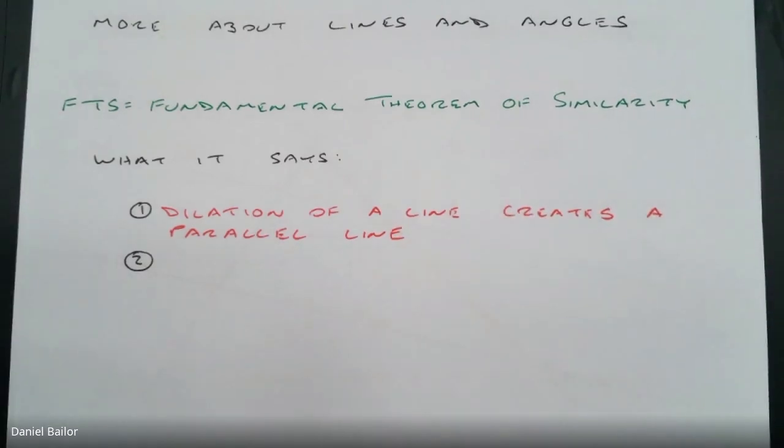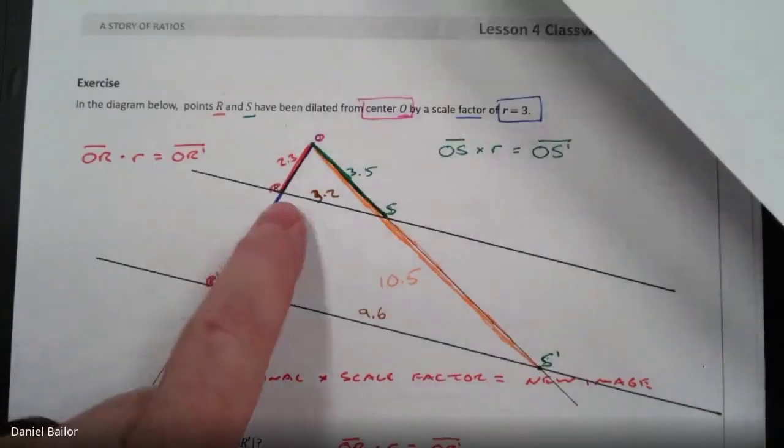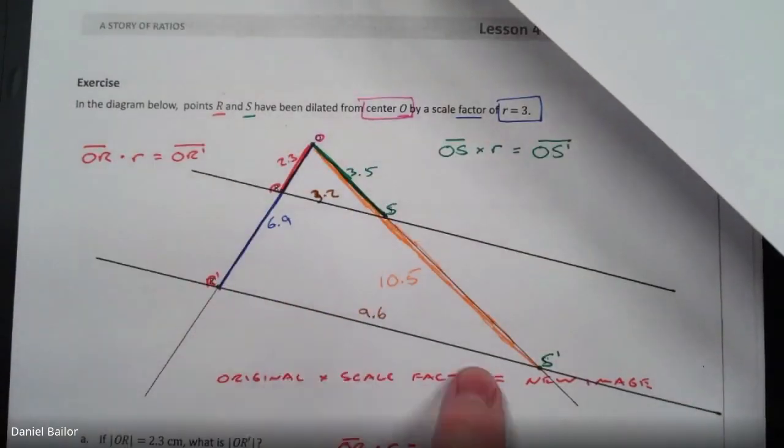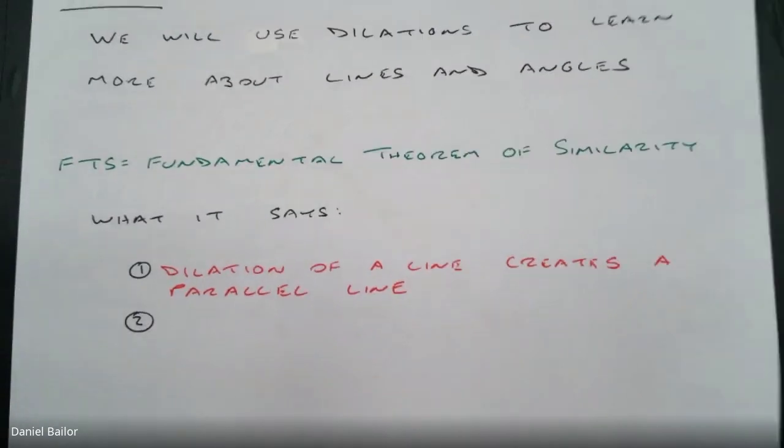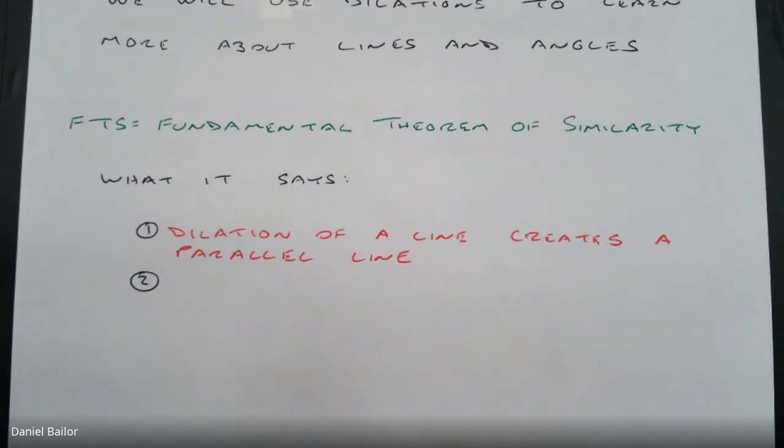Just like in the diagram, the dilation of RS made R prime S prime. This line got dilated, it made this line, so the dilation of a line makes a parallel line. That's the first thing we learned.